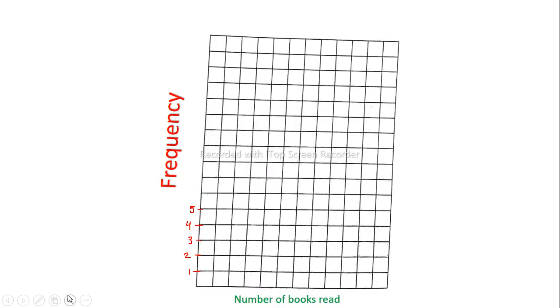Then for this one, we have 6, then 7, then 8, then 9, and 10, 11, 12, 13.